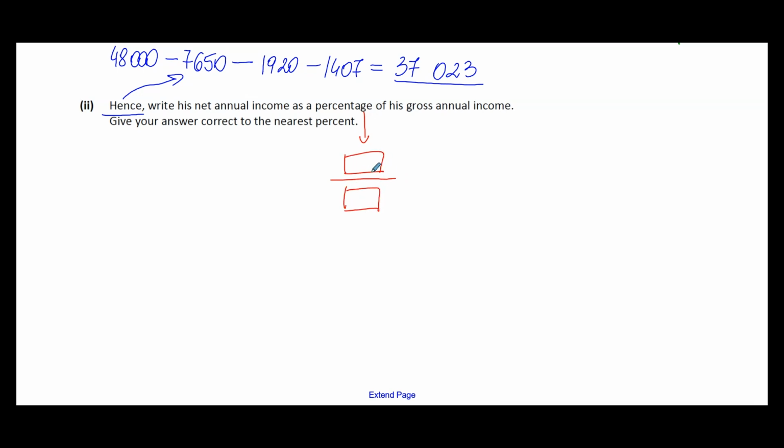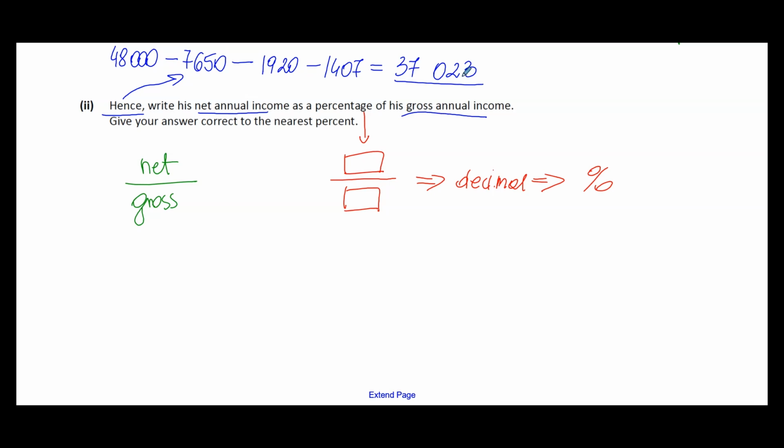Because a fraction we then change to a decimal, and then we change that to a percentage. That's how it works. So what is this percentage about? Net income of his gross income. So net of his gross.